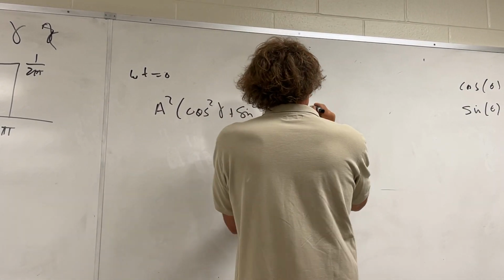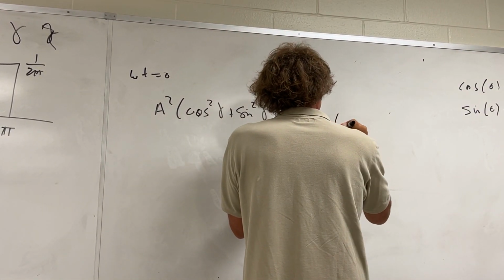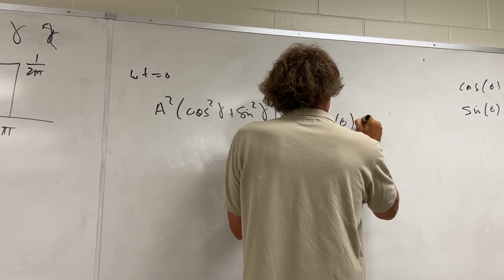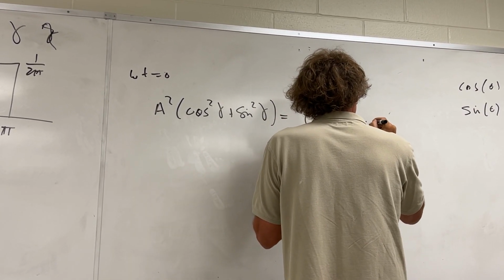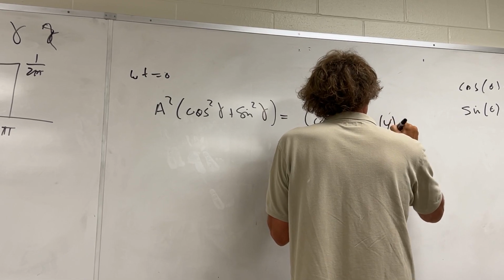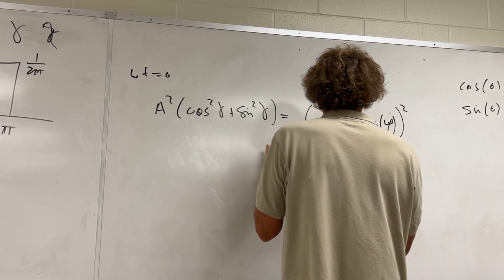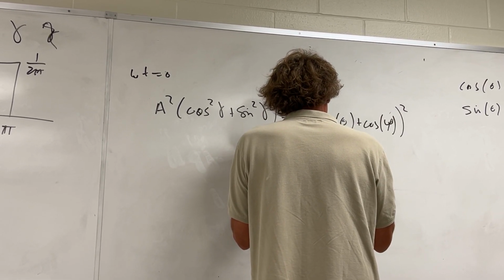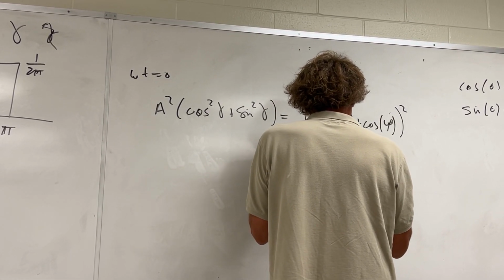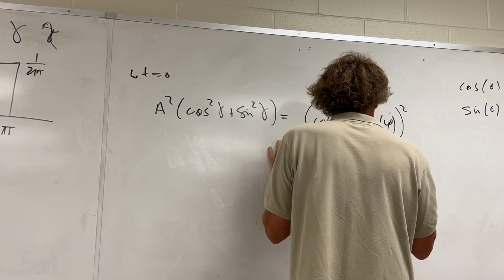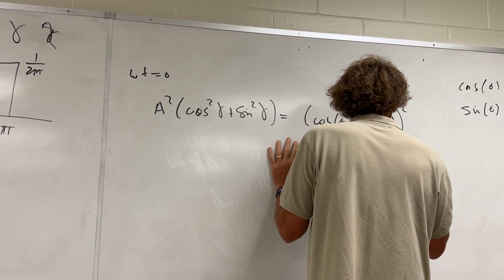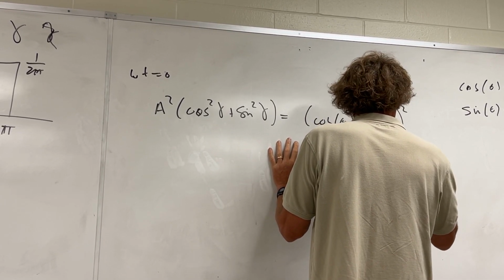So I have cosine of theta plus cosine of psi, squared, plus sine of theta plus sine of psi, squared as well.